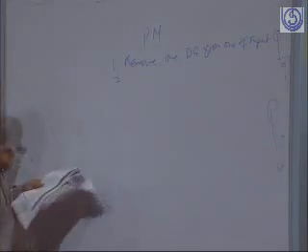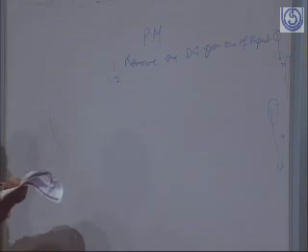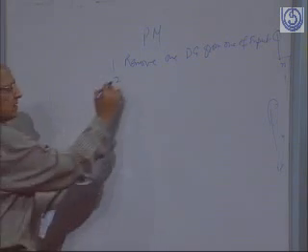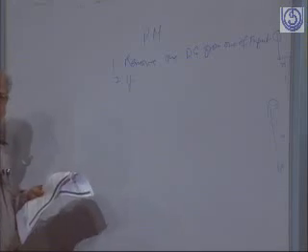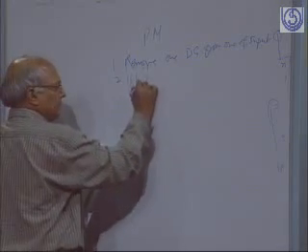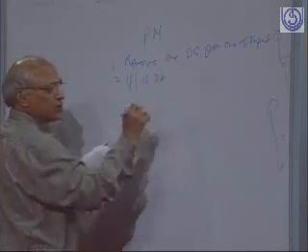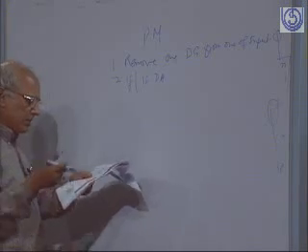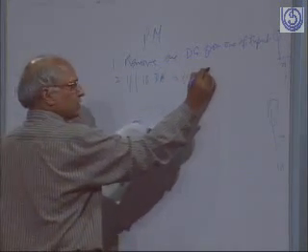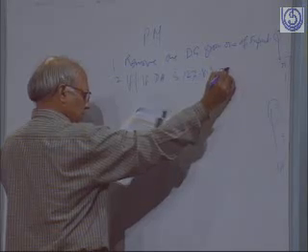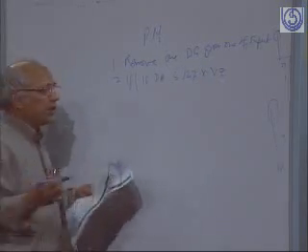Step number 2. Once it takes one datagram at a time, it checks whether the destination address of this IP datagram is 127.x.y.z, something like this, or matches one of the local addresses.